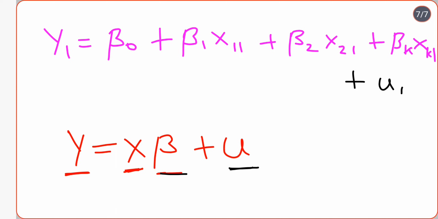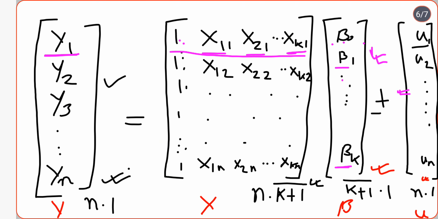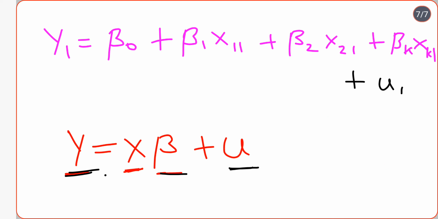U is not a variable, it is the vector of all the error terms. So the y represented here is nothing but this entire matrix; the x represented here is this entire matrix, beta is this entire matrix, and u is also this entire matrix.